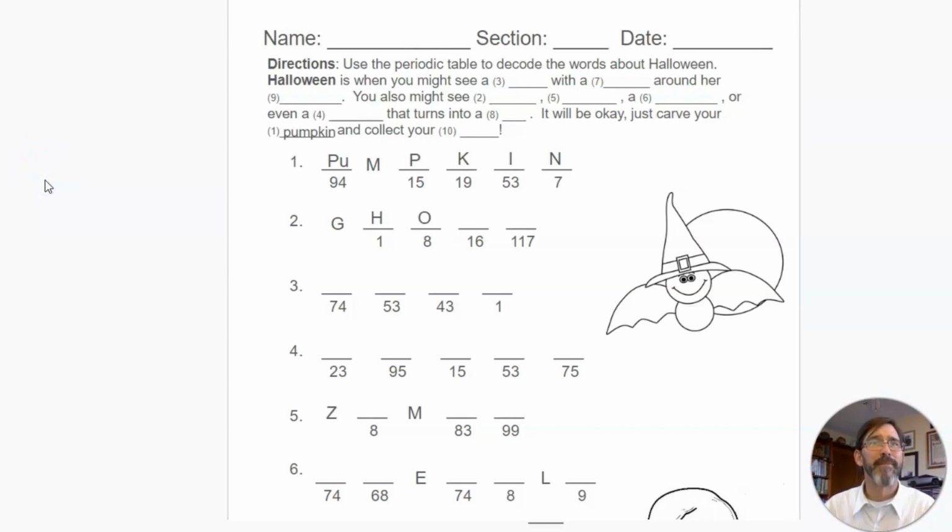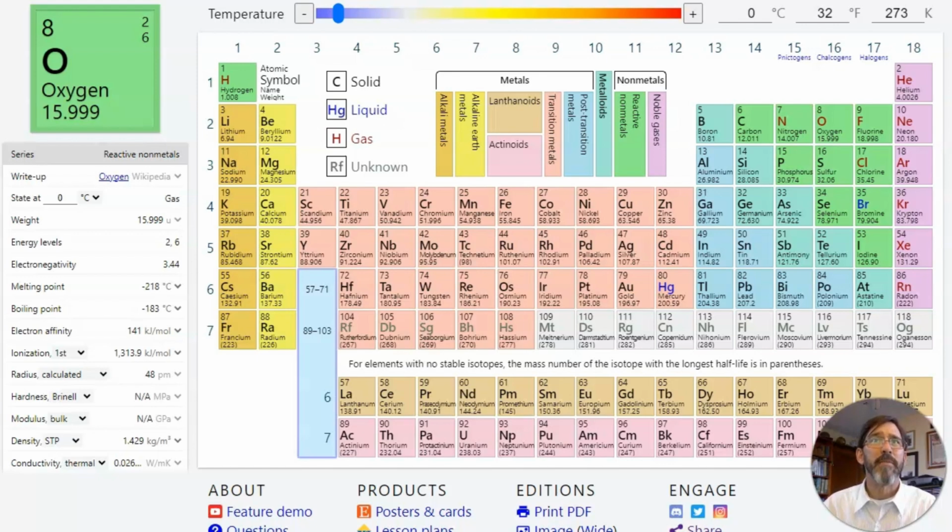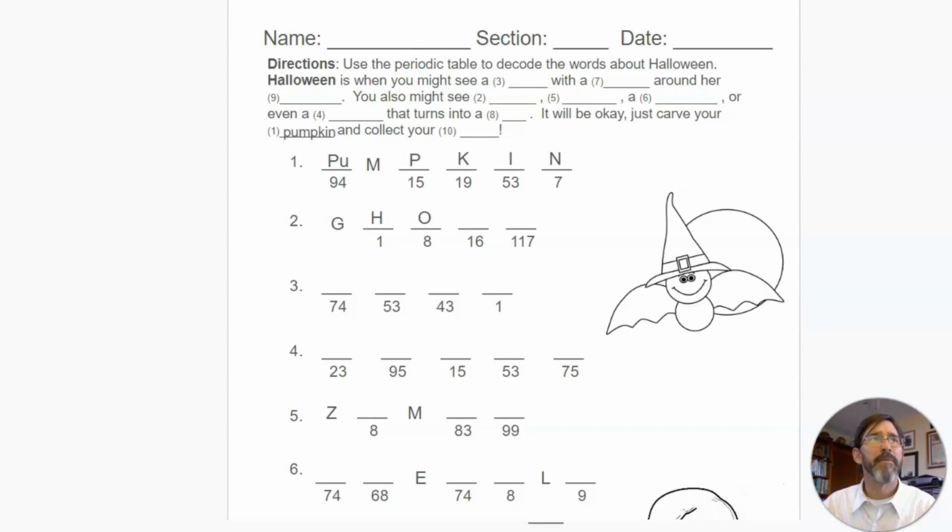Good job. Next up, number 16. Number 16 can be found in the reactive nonmetals. Over on the right, sulfur, capital letter S. So above number 16, enter a capital letter S. Next up, 117. Going pretty far down the periodic table on this one.